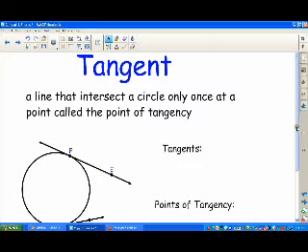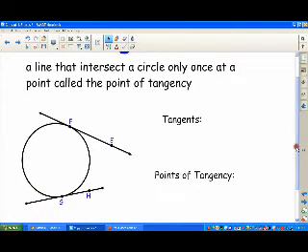But you will see tangents throughout math. Okay, and then that point of tangency again is where the line touches. Now, a tangent does have to be a line. Sometimes we might represent it with a segment because there are some properties that we'll talk about. Again, like I said, when we get to that in May, we might represent it as a segment, but a tangent by definition has to be a line.